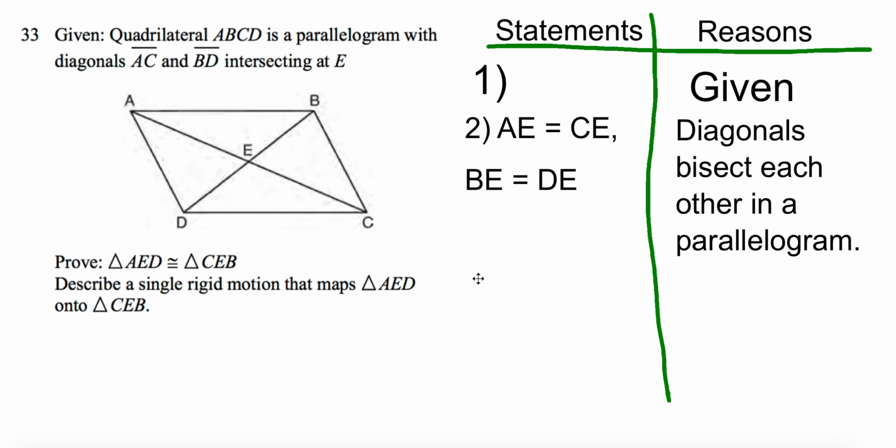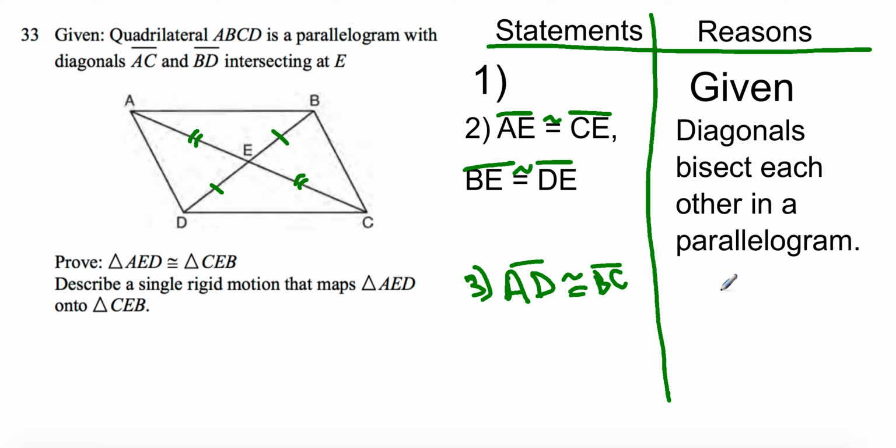All right. So that's why we can show that this is equal to this one and this one is equal to this one. And number 3, we can say that AD is congruent to BC. Why?